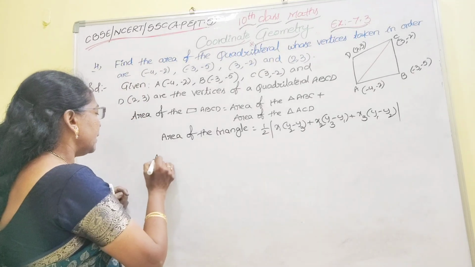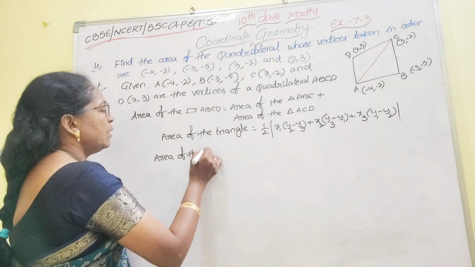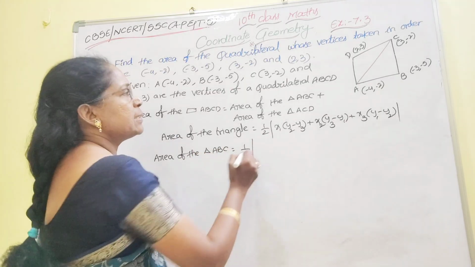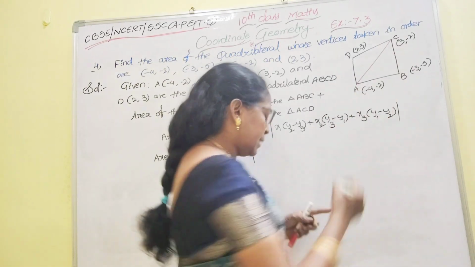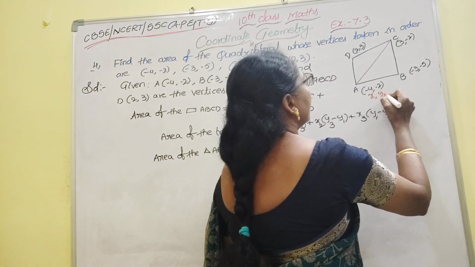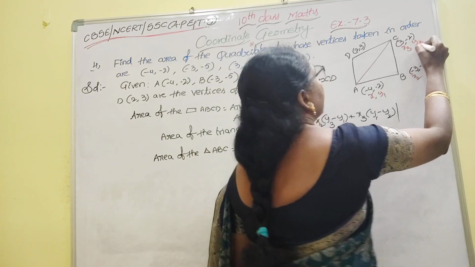Area of the triangle ABC equals half modulus; these 3 points we have to consider. Now represent them as x1 y1, x2 y2, x3 y3.